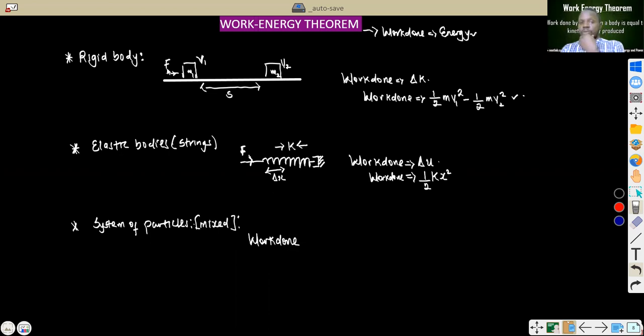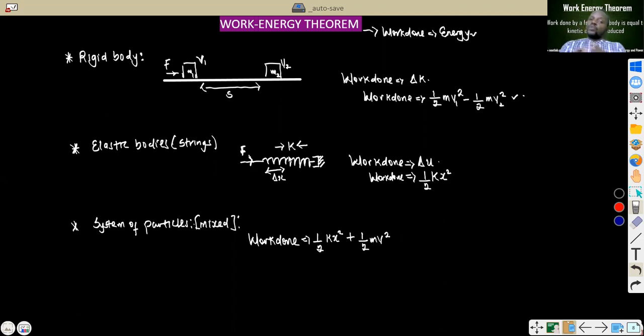This spring, connected to this body, has been compressed by a distance x and has gained some potential energy, which is equal to half kx squared, or you say half Fx. It has also gained some kinetic energy, which is half mv squared. So for a system of bodies that is a combination of the first case and the second case, you can directly combine them; in the numericals it will depend on the formula you are going to use.